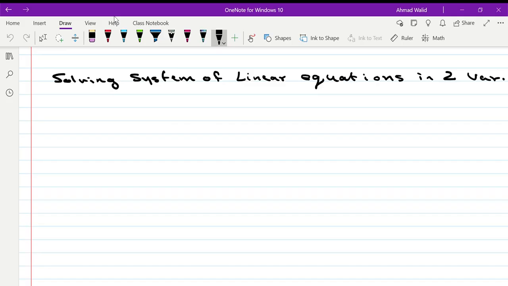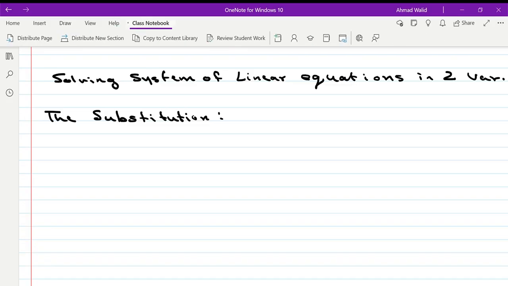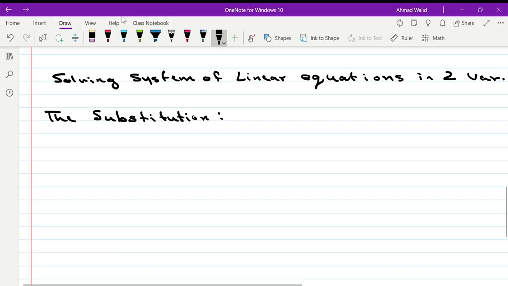The first method is graphing, but they didn't discuss it in your book. I don't want to make it difficult for you. I will skip it too. The first method in your book that they use to solve a system of linear equations is the substitution method.